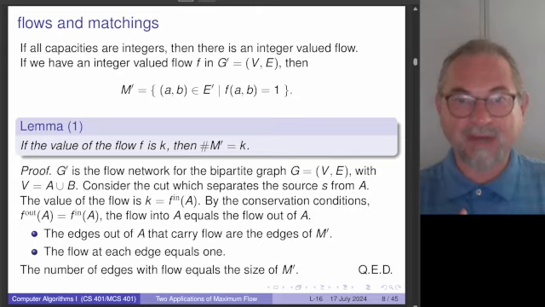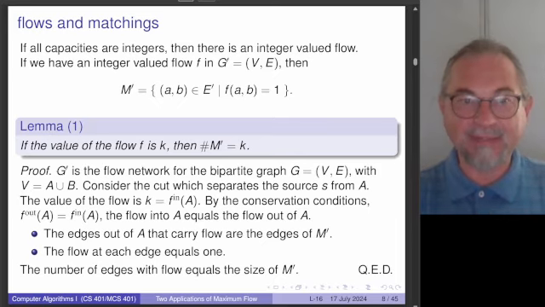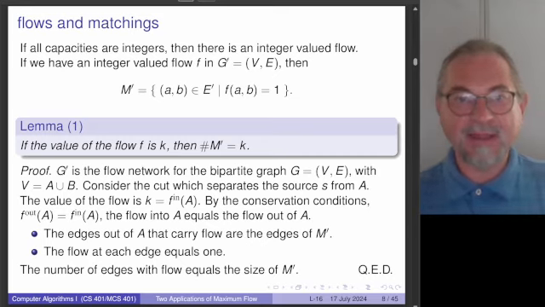Now consider the cut which separates the source from A. If the value of the flow is k, that means that we have k edges for which there is flow, because every edge has capacity 1. So this is the incoming in A, and it also has to be the outgoing.